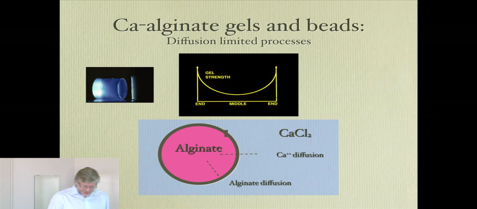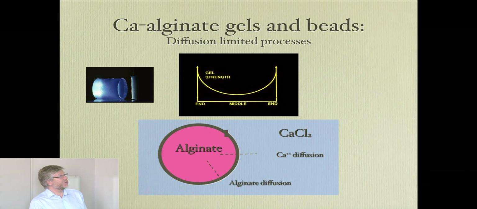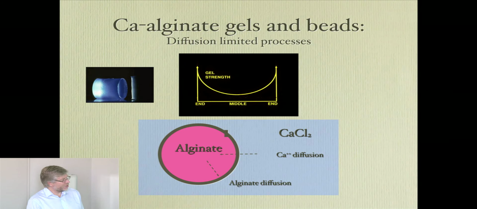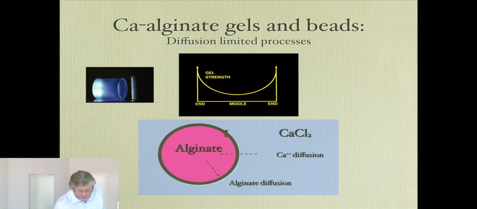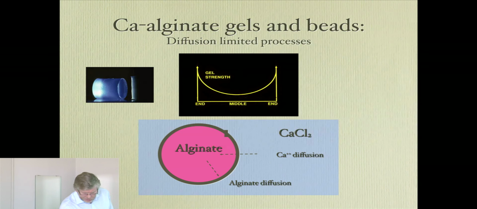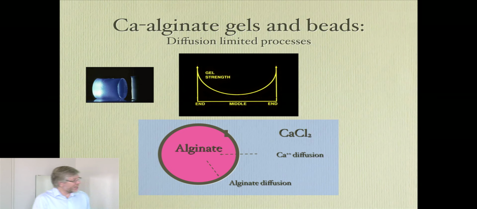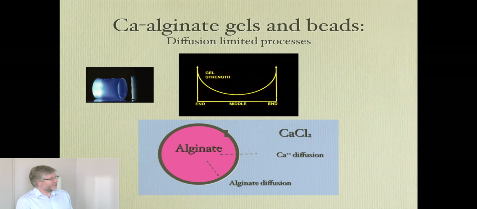The reason for this is that the formation of gels and beads involves diffusion. So if here you have an alginate drop that just dropped into calcium, the calcium must diffuse into the system, and that takes time. And at the same time, the alginate, as it reacts with the calcium, you form a chemical potential gradient.